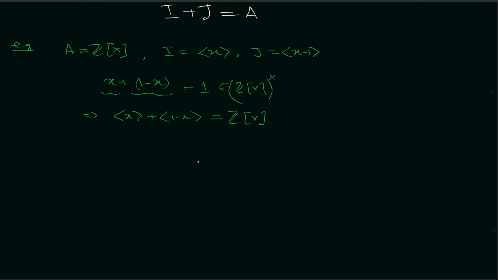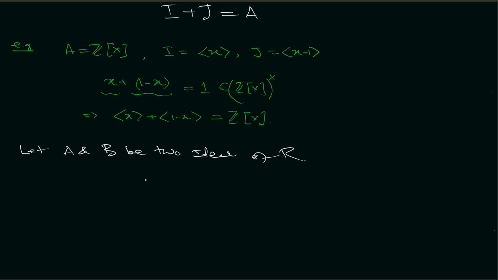Suppose A and B are two ideals of a ring R. I will be a little bit faster from now onwards, because I have to finish as early as possible. R is a ring with unity, or a commutative ring with unity.